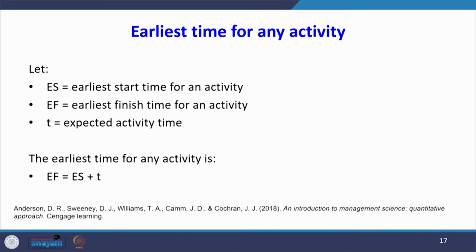ES represents the earliest start time of an activity, EF represents the earliest finish time for an activity, and T is the expected activity time. So, the earliest finish time for any activity is the earliest start time plus the duration, that is, the expected activity time.